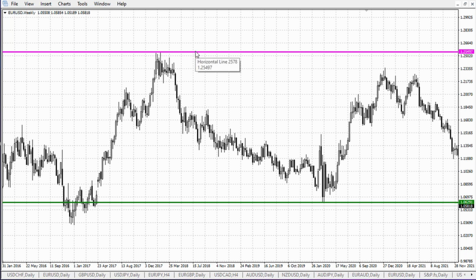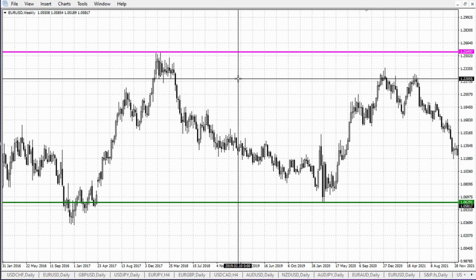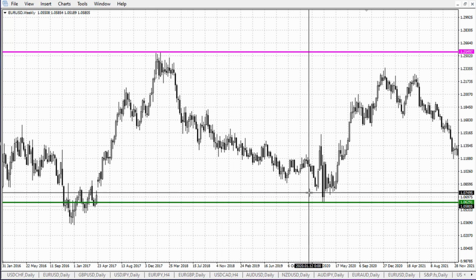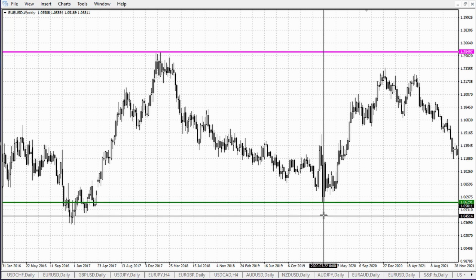What's the difference between the support and the resistance? The difference is that when we reach a resistance level, it is more likely that the sellers will be more active than the buyers. The opposite happens in a support. In this area, the buyers are more aggressive than sellers.